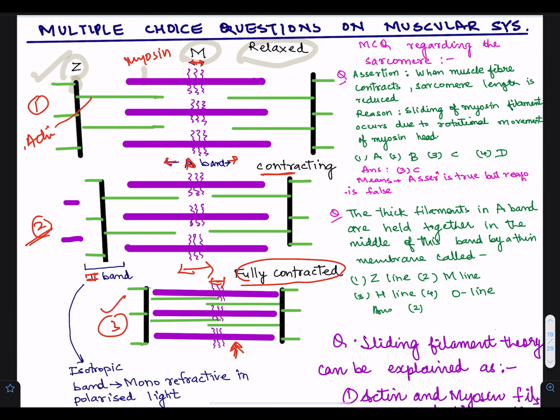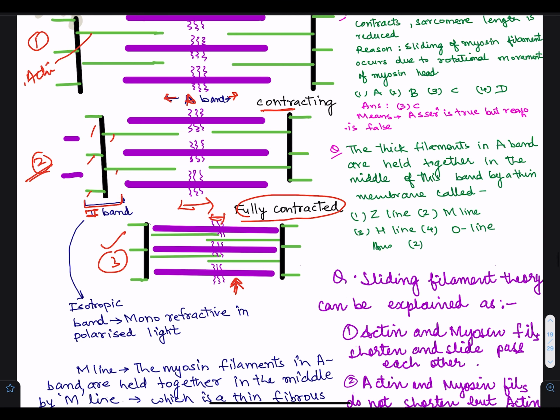This is the I band. I band contains only actin filaments, and I band is also known as isotropic band. It is monorefractive in polarized light.